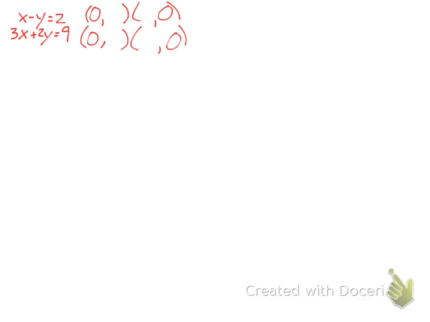The whole idea here is to solve for the x and y intercepts. The first one says, put a 0 in for x. When I do that, it's gone. Look at that, it's magic. I disappeared it. So y equals 2.